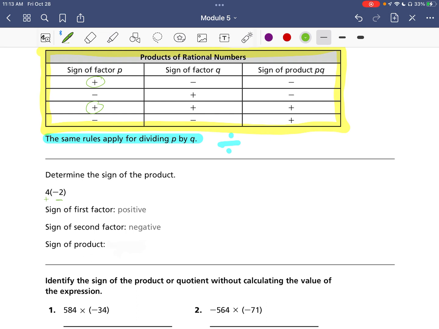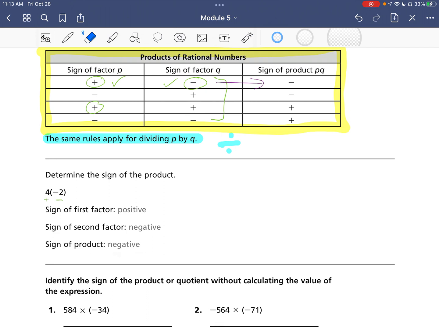And then the sign of our second factor, so looking up on this side, we need a positive first and then a negative second. So we're going to go in this row, which means the sign of our product is going to be negative.